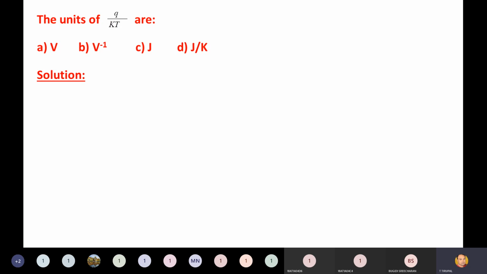A or B or C or D? Anyone? Units of Q by KT.